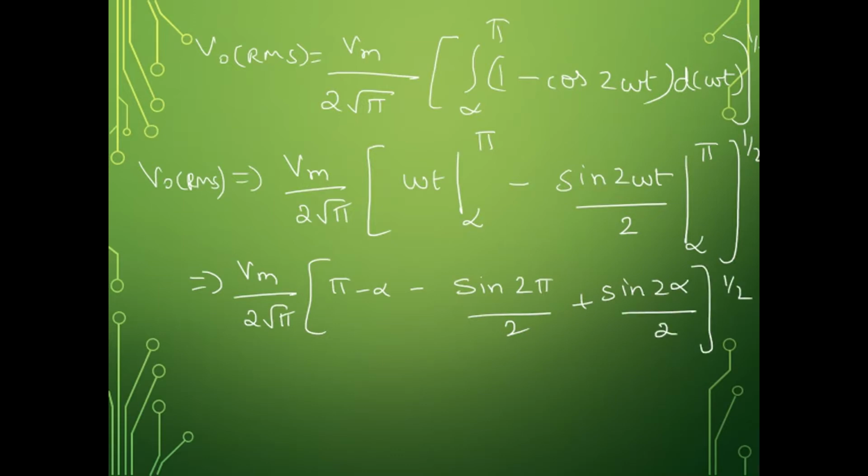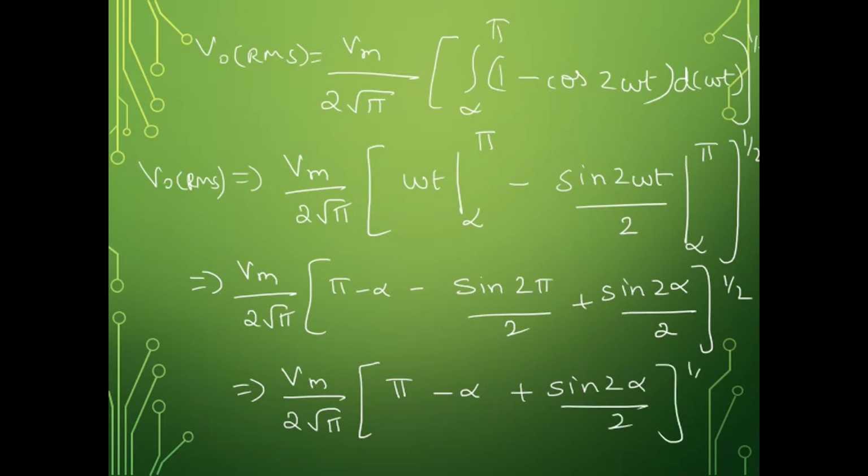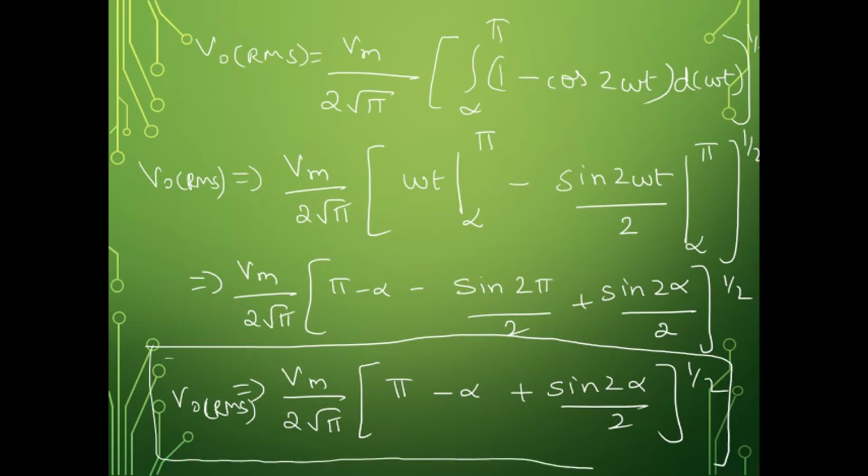If you simplify this, we get Vm by 2 root pi into pi minus alpha, sine 2 pi is anyway 0, plus sine 2 alpha by 2, whole within the root. So this is the expression for the RMS value of the output voltage. So we have obtained the average value, the normalized DC output voltage and the RMS value of the output voltage of a controlled rectifier.